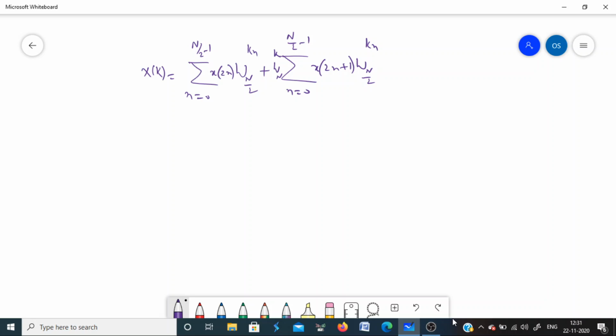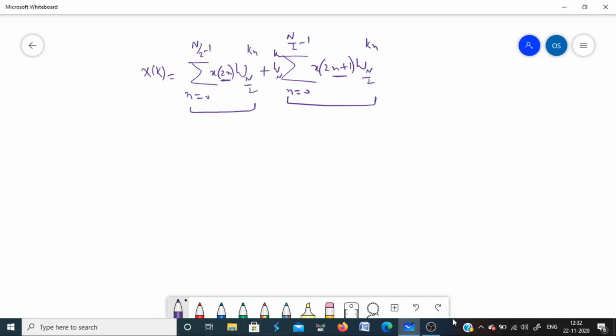If you look at this equation, this is nothing but the N/2 point DFT of x[2n], and similarly this equation is the N/2 point DFT of x[2n plus 1].